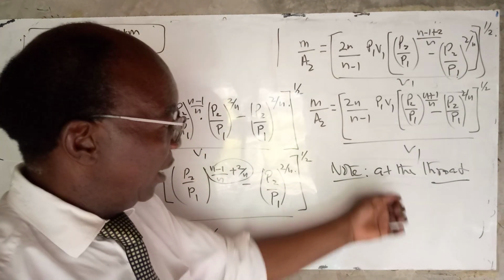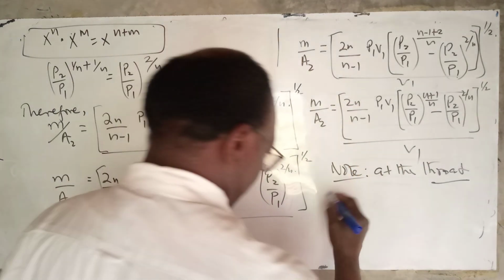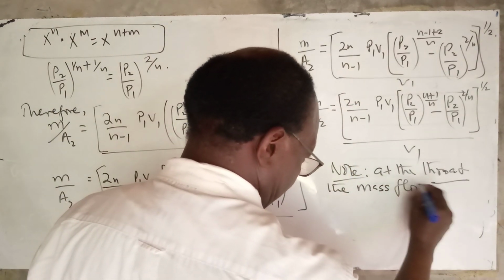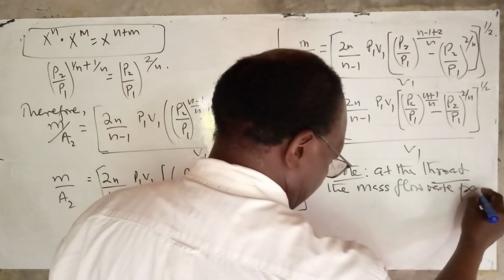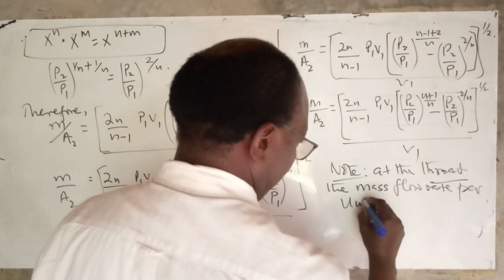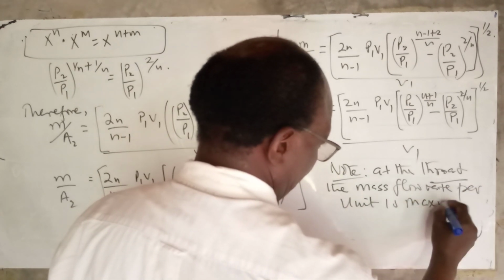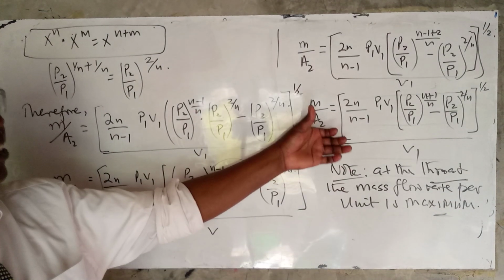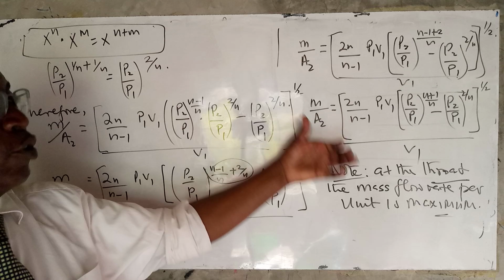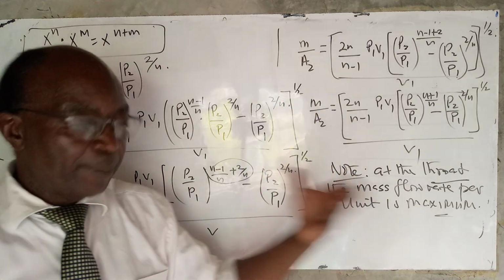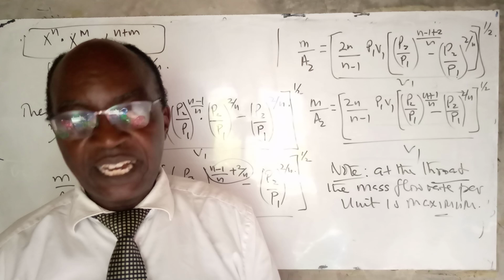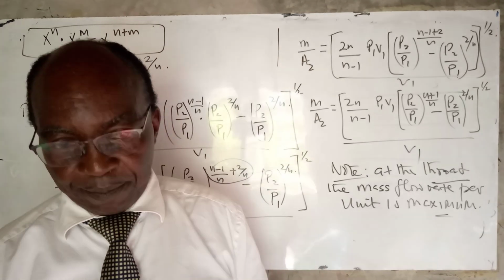So at the throat, the mass flow rate per unit area is maximum. And therefore, if we take the derivative of this, we are going to be able to get the pressure at that particular point. And that will be the subject of our next lecture. Let's meet next time as we continue.